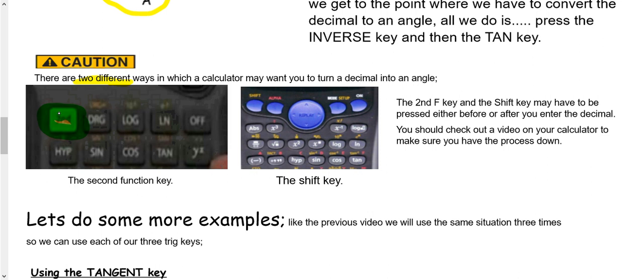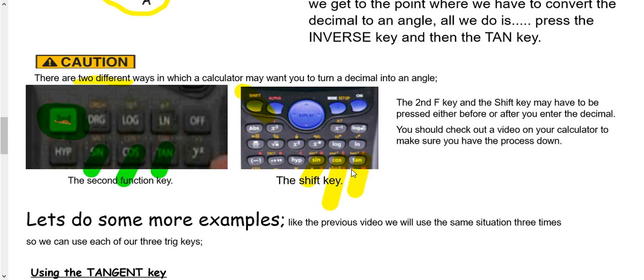So you would hit second function sine, or second function cosine, or second function tan. That's all good. Or your calculator might say shift. So you would still go shift, sine, cosine, or tangent. Or it might say inverse, INV. And then you just do that key, put in the decimal, hit equals, and it'll give you the angle.